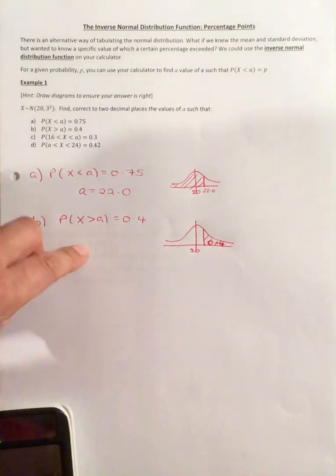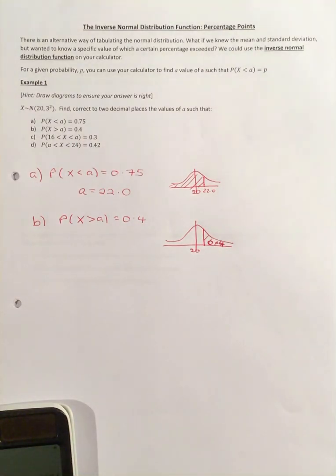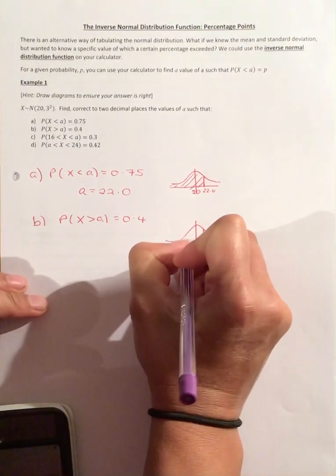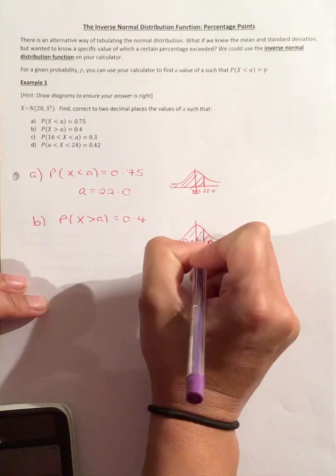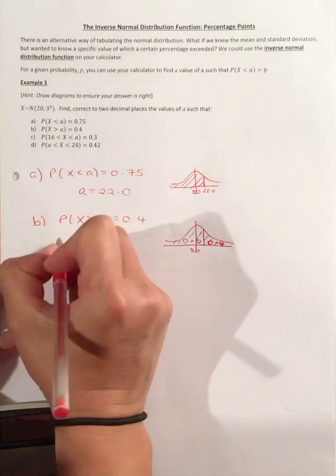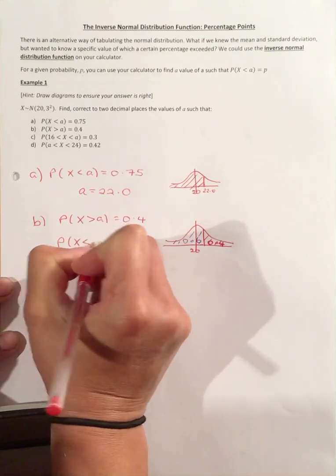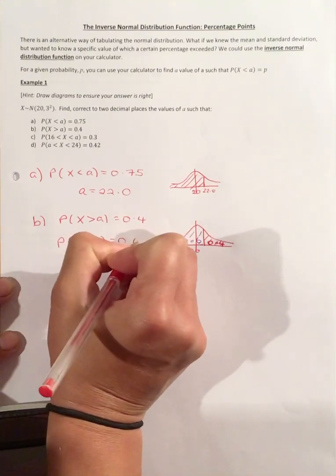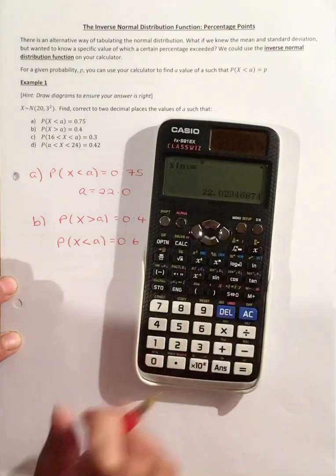Well, that means the probability of being less than it is 0.6, since our probabilities add up to a whole one. So the probability of x being less than a is 0.6, and now we can use our calculators.